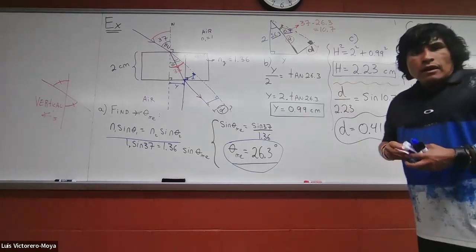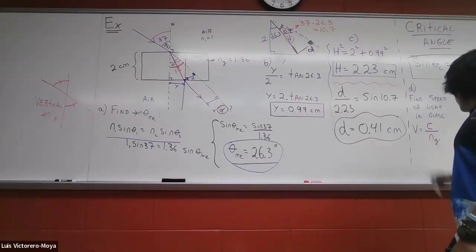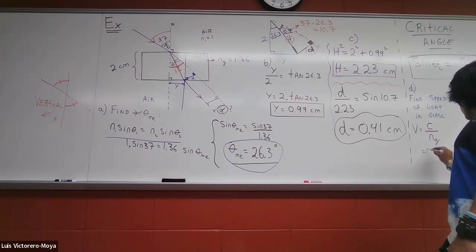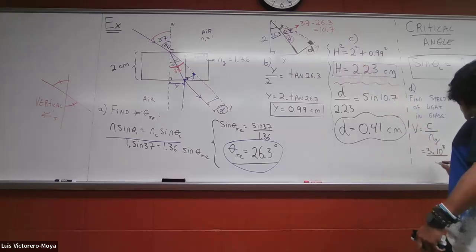If you remember, I said yesterday that the speed of light in any medium, V, is the speed of light in vacuum, 3 times 10 to the 8, divided by the index of refraction of glass. All right? So this will be 3 times 10 to the 8, speed of light in vacuum, divided by 1.36.